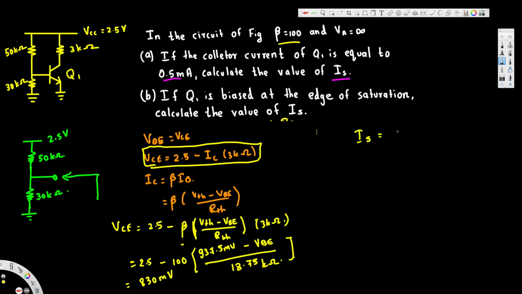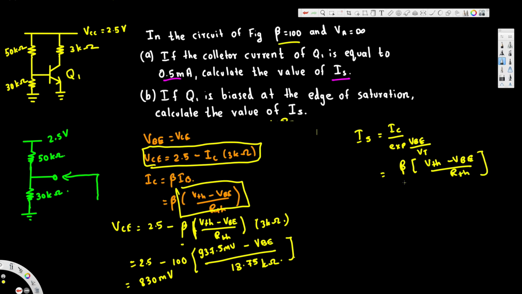IS is equivalent to IC over exponential VBE over VT. Now instead of IC we can replace it with beta times IB, and instead of IB we can put this formula, VThevenin minus VBE divided by RThevenin, divided by exponential VBE over VT.